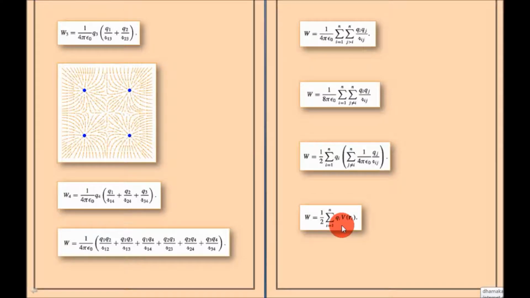It's also the same amount of work you will get back if you dismantle the system. This work done represents the stored energy in the configuration, which is also known as potential energy.